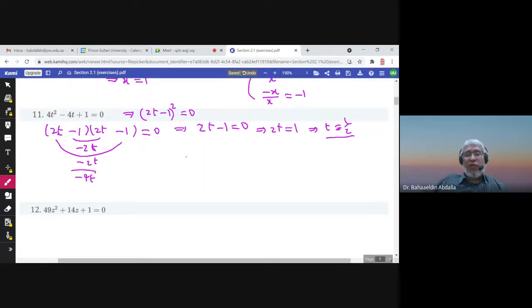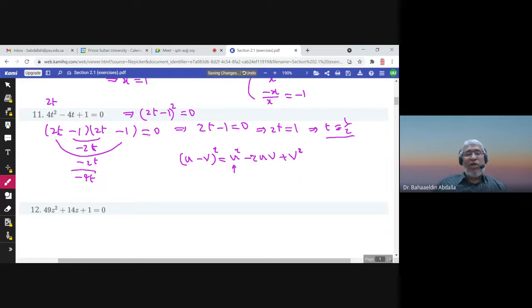If you know this one, u minus v squared equals to u squared minus 2uv plus v squared. So whenever you have three terms like this, then you can write it as a perfect square like this. So here, something square, it has a root. So 4t squared, it has a root, 2t.